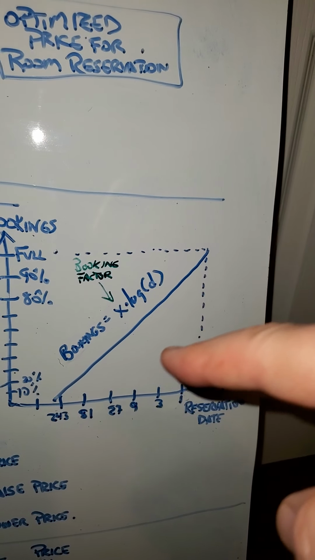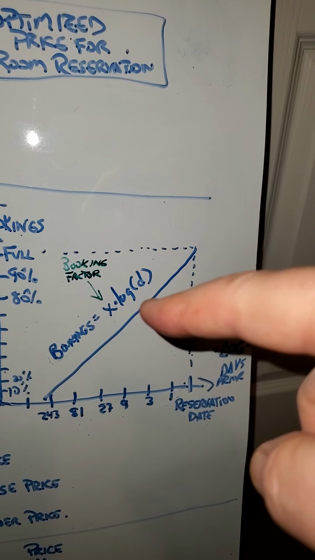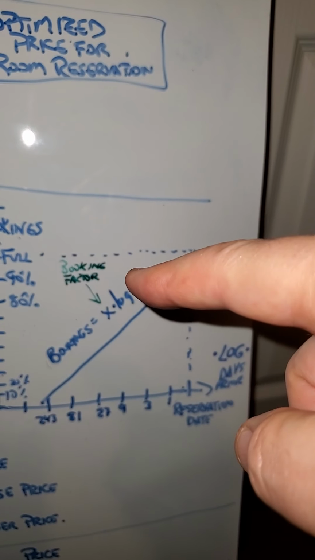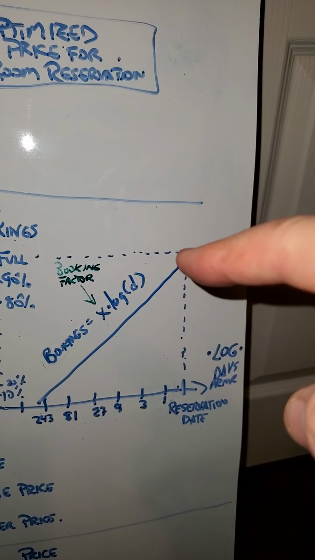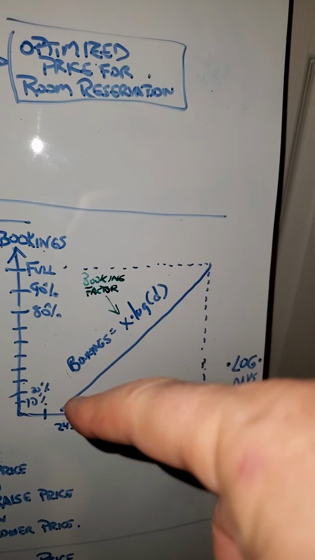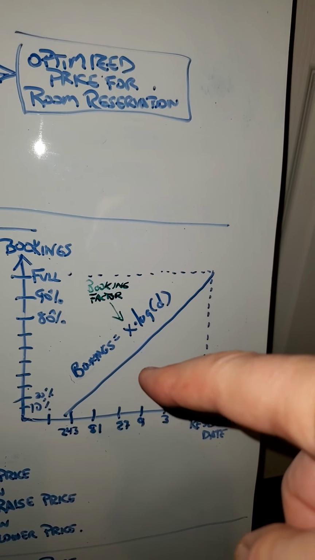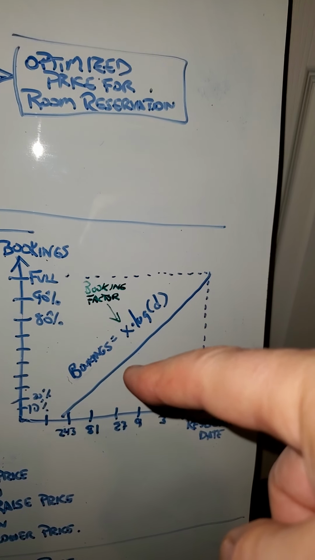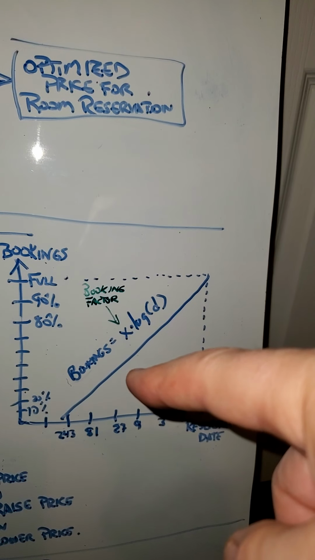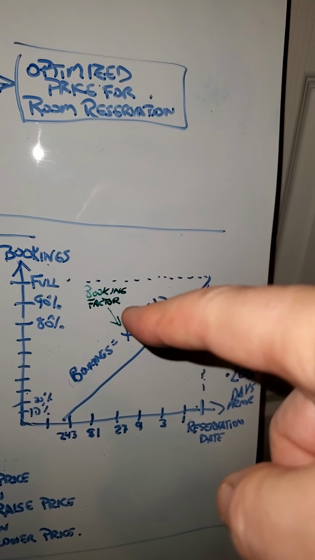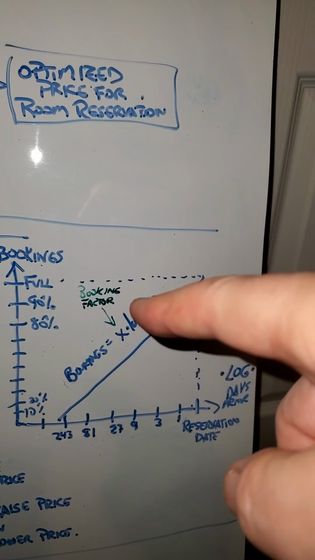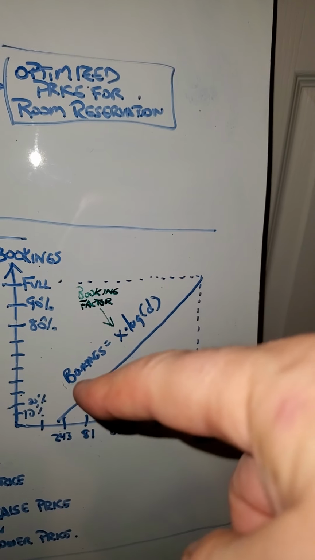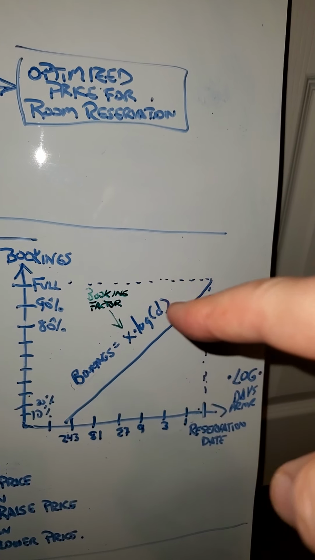Or if you were lowering prices and then it crossed over into the upper triangle, then you raise prices. I could see that happening. You start off too high, and as you get closer, you end up lowering the price. You lower it too much, and then you have to raise the price to get it back on the line. So I could see it going back and forth, but not a lot.